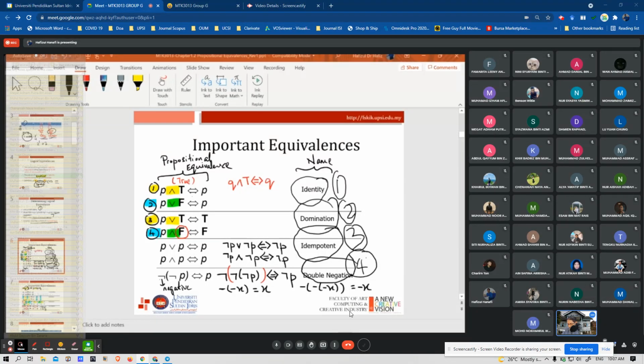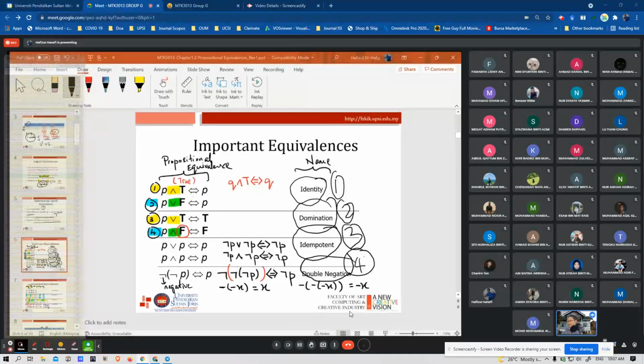The expression is going to be false either way. If the first thing in an OR expression is true, then it doesn't matter whether the second thing is true or false. The OR expression is going to be true either way. Please remember that one. If the first thing in the OR expression is true, we can see here the first thing is true.